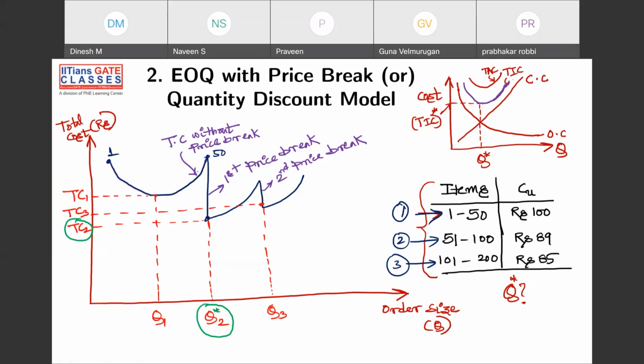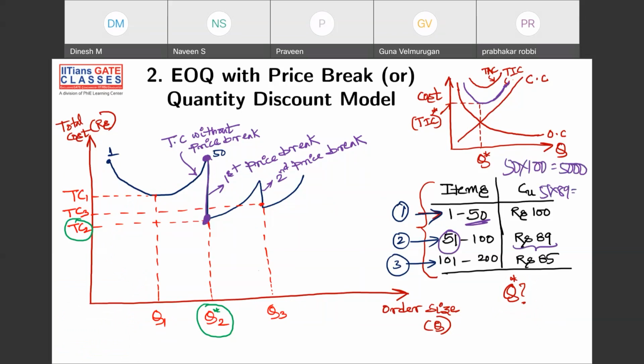Okay. So at 50, what happened? Suddenly there is a change in price. That's the reason why the cost has come down. Because till 50, just calculate 50 into 100 is equal to 5,000. Now 51 into 89, just buy one extra. What is 51 into 89? How much is that?